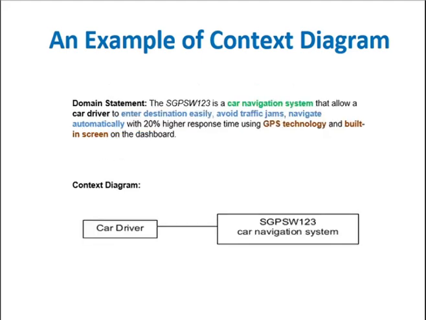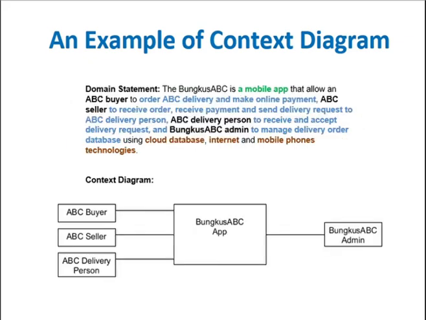So these are the two examples. This is from the SGP S123 and this one is for the Bungkus ABC. So as you can see, for Bungkus ABC, the users are more than one. Yeah, you don't say that, oh, Bungkus ABC user, and you are talking only about the buyer. That is not correct.